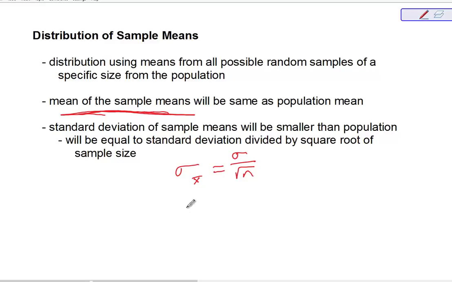We're just going to put this in place of our standard deviation. So now our z is going to be our x bar, which means the mean of the samples, minus our population mean, divided by sigma divided by the square root of n.